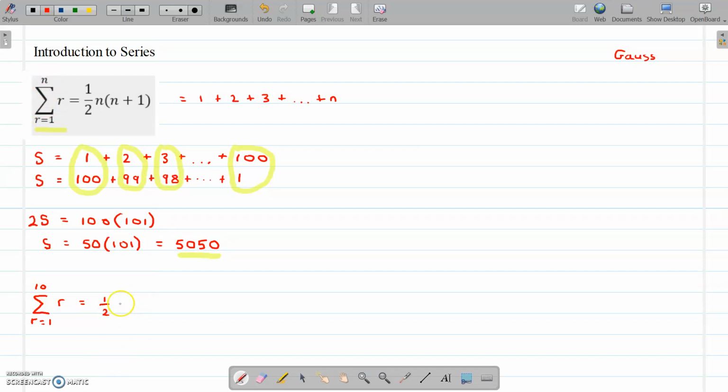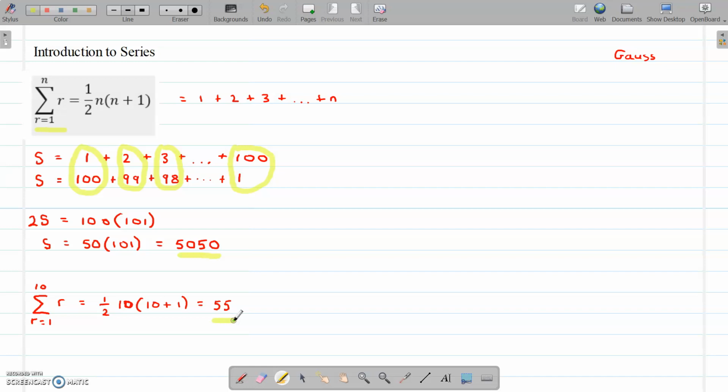Okay, and so it's going to be a half of 10 times 10 plus 1, which is 11, but I'll put 10 plus 1 so we can see the formula being used. Okay, well, a half of 10 is 5, 10 plus 1 is 11, so hopefully you can see that that's actually 55. And if you were to check that and add together 1 plus 2 plus 3 plus 4 and so on up to 10, you would indeed find that it comes to 55.